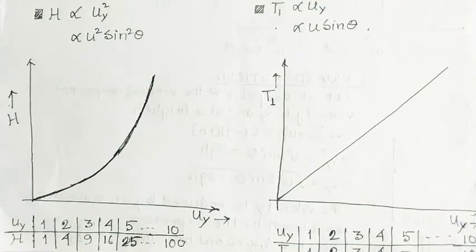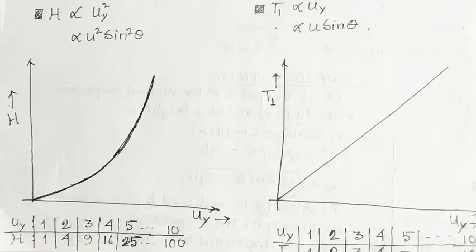There are obviously different concepts. We can do it geometrically, but if we know the expression, then we can differentiate it also. The differentiation gives us the slope. So this will also be applicable in the case of the T1 versus uy curve.